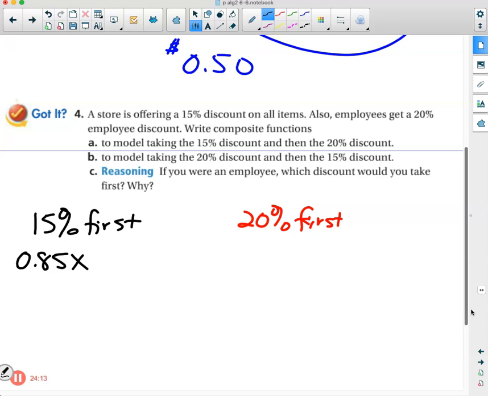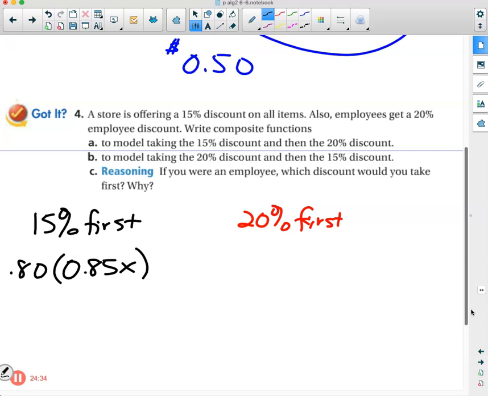So that's how you're going to figure out how much you're paying with 15% off. But then, and I didn't leave myself enough space out in front here, you get another discount on top of that, right? So if you're not paying 20%, you are paying 80%. Well, that math we can do. We can just multiply those two together.